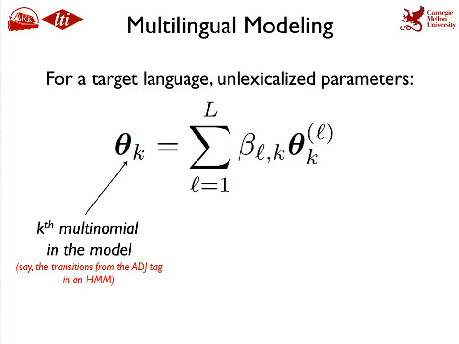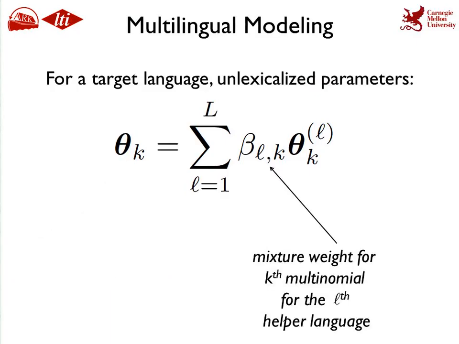Maybe say the transitions from the adjective tag in an HMM. Okay, and over here, beta sub L comma k is the mixture weight for the kth multinomial for the Lth helper language. Now what is interesting is that these beta Lk parameters sum up to 1 if you sum over all the languages, for a given k. So they lie in a probability simplex.